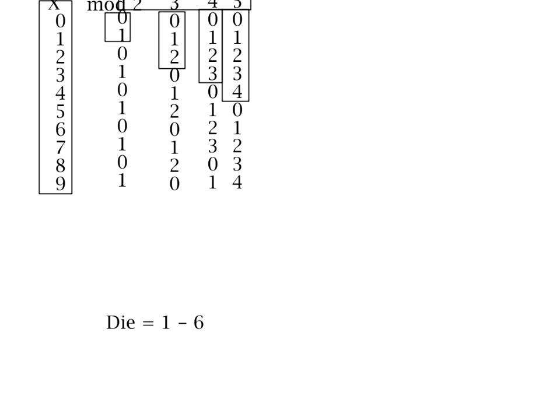Now the problem here is that what we're going to be able to generate is 0 through 5.